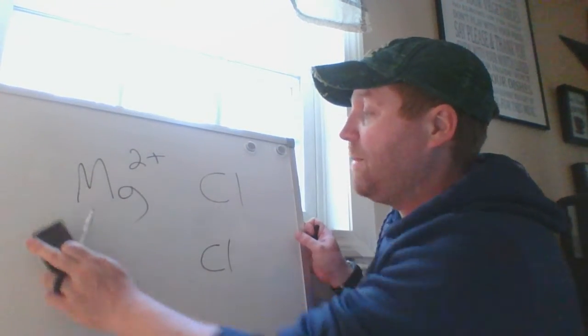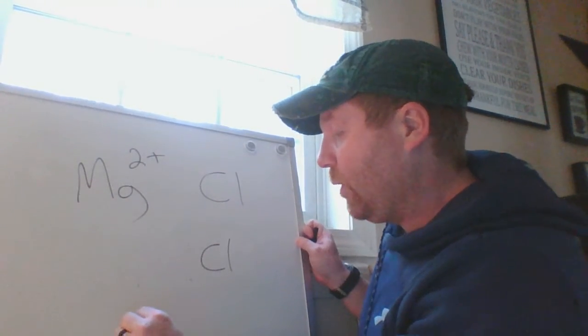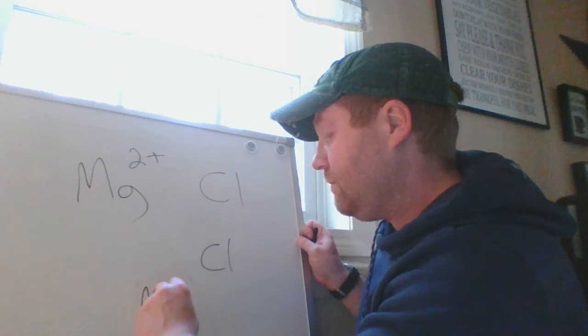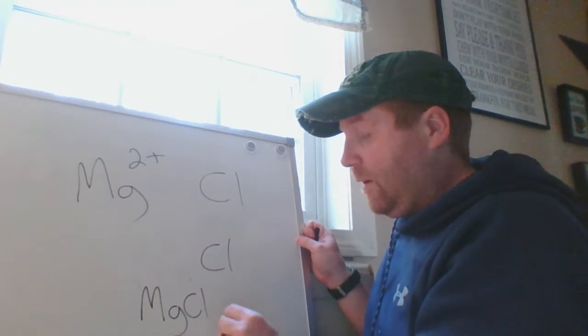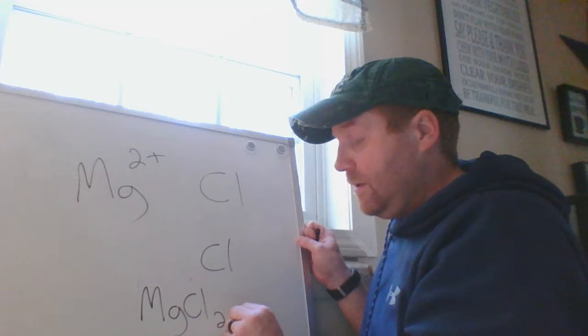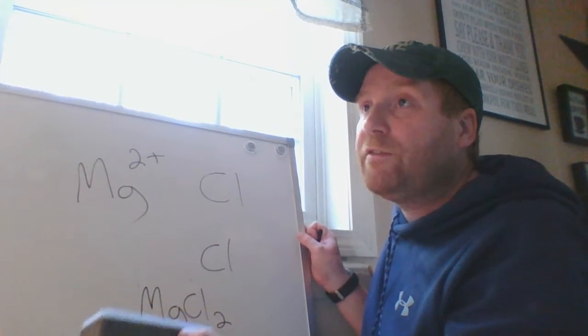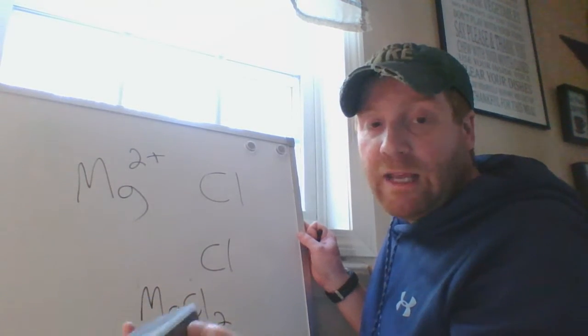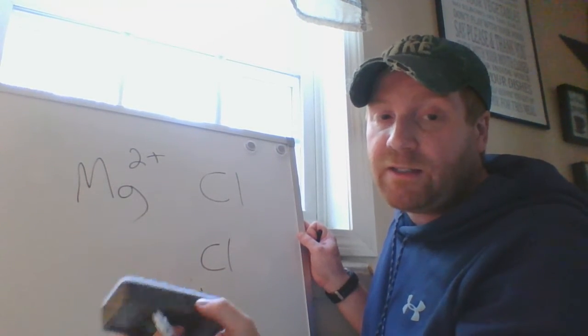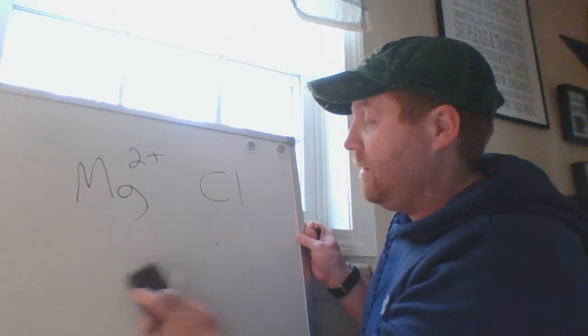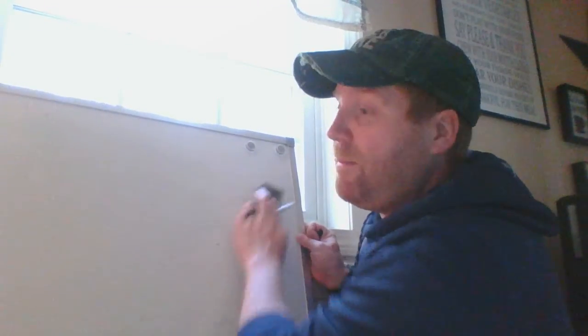The resulting chemical formula, I'm not going to erase it, will be MgCl with a subscript 2. So what you can do is take all of the ions in the periodic table of ions that I showed you, and you can basically make chemical formulas from the charges, making sure that they balance out. One more quick example, and I'll stop.